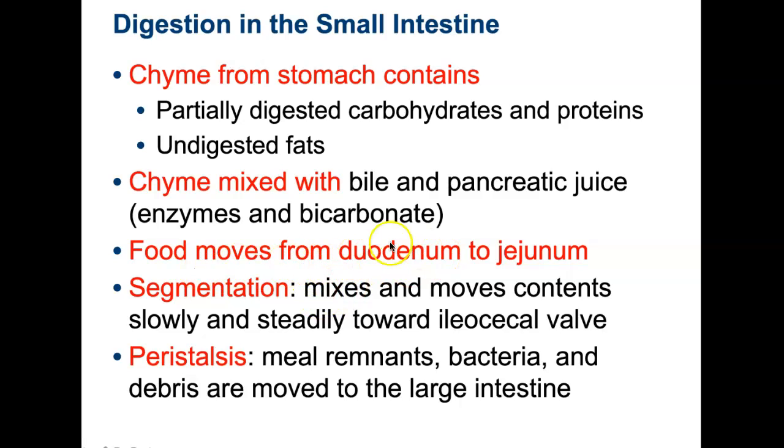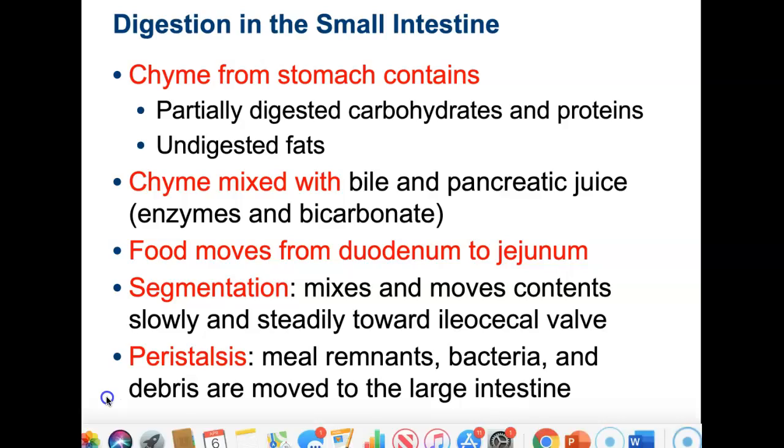The food moves from the first, most superior section of the small intestine, the duodenum, into the jejunum. Where does it go after the jejunum? It goes to the ileum. The entire time, we're going to have segmentation and peristalsis happening, so adjacent and non-adjacent segments of the tube contract, pulling the food apart and mixing, so that absorption can happen all along the small intestine.